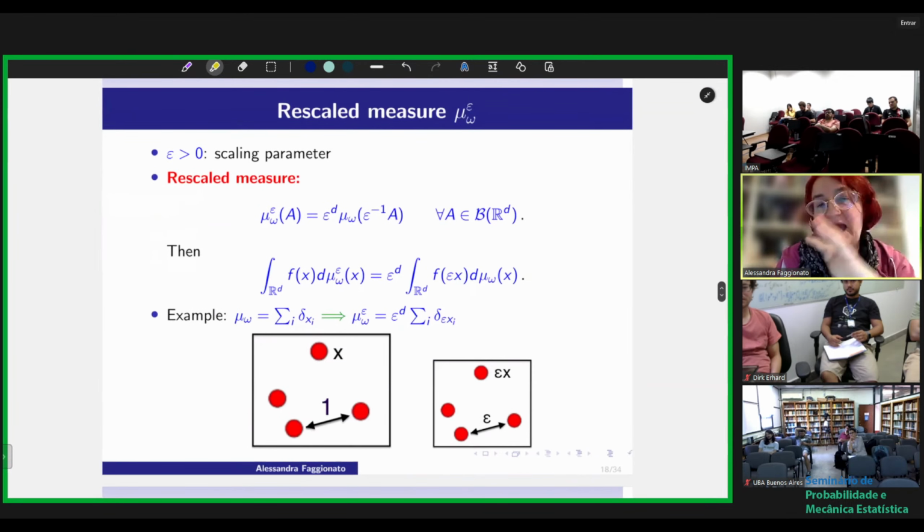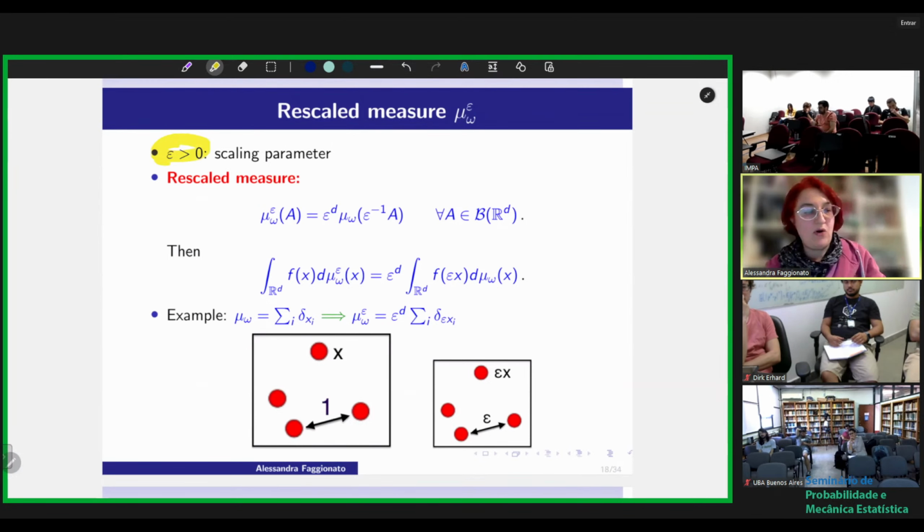Okay, now to state the ergodic theorem, I want to describe the behavior of my random measure when I do a rescaling. I will give comments later. So let us rescale my measure. I have epsilon, a positive number, the scaling parameter, and I define the rescaled measure in this way.